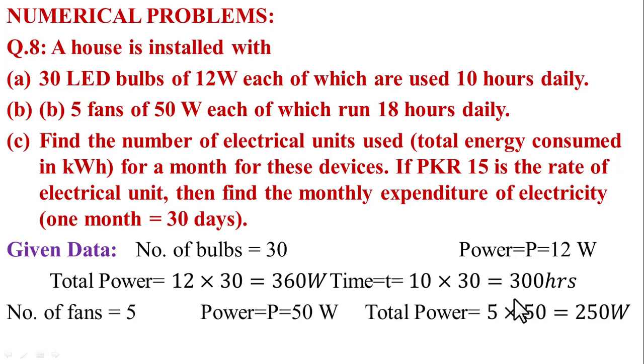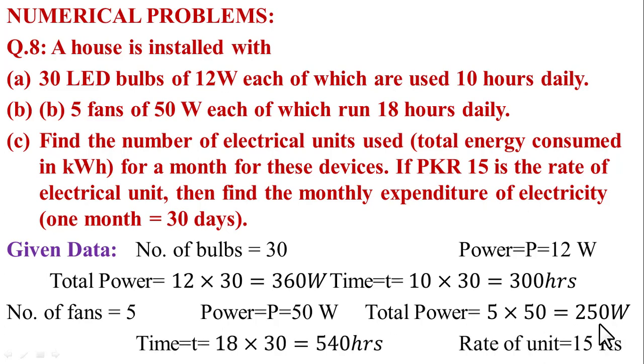Now in B part, number of fans is 5 and power of each fan is 50 watt. So the total power is 5 multiplied by 50, that is equal to 250 watt. Now time of fan t is equal to 18 hours daily.